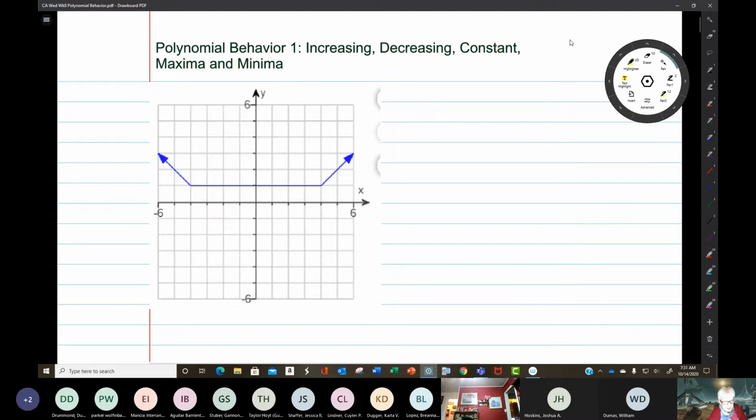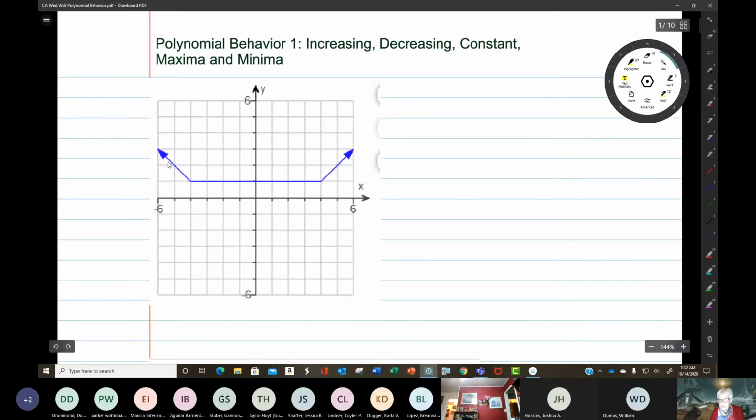So the hardest job for you when we're talking about increasing, decreasing, and constant is to not pay attention to the arrows.